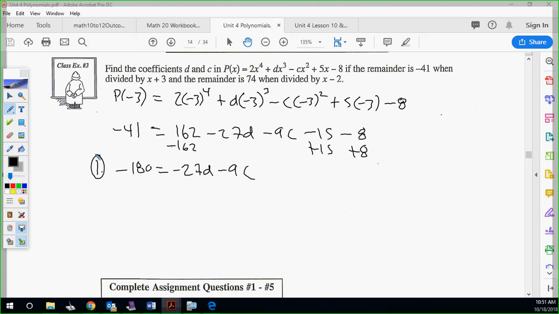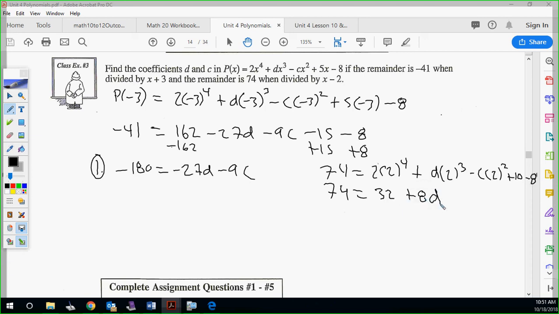So we have to do that again for 74 and positive 2. 74 equals 2 times 2 to the 4th, plus d times 2 cubed, minus c times 2 squared, plus 10 minus the 8. So 74 equals 32, plus 8d, minus 4c, 10 minus 8 is 2.